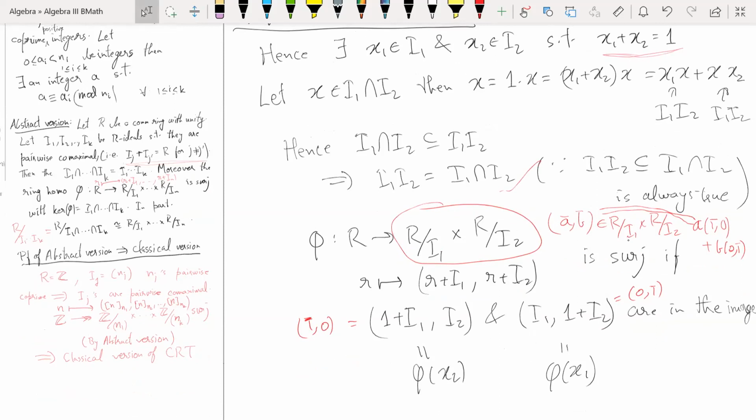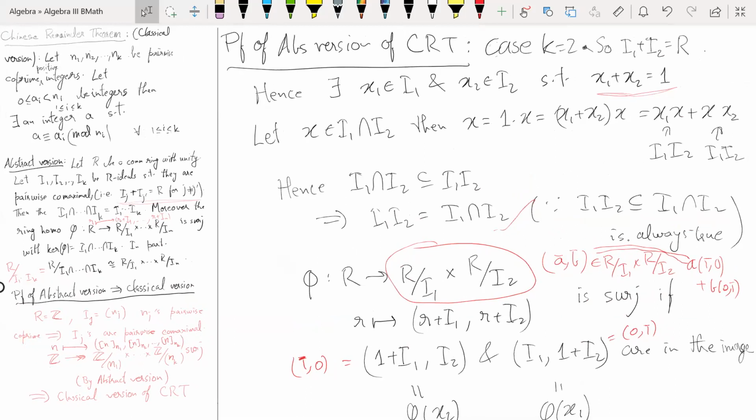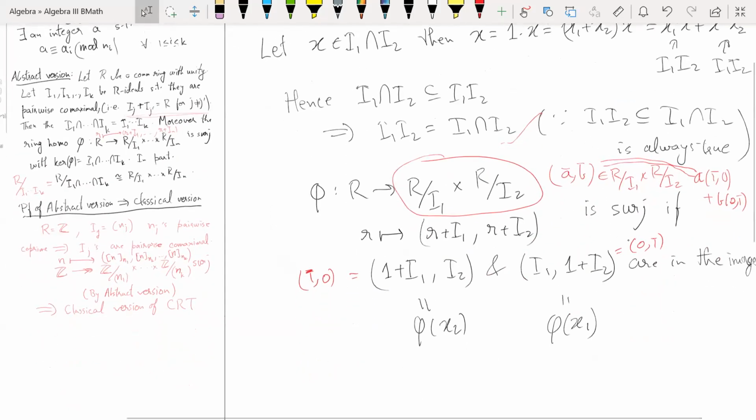So we only have to show two elements are in the image to prove surjectivity. Okay, so how do you show that 1 bar comma 0 is in the image? We have two elements in the ring R whose images could be these two. The two distinguished elements are x1 and x2. So you just look at x2. What is the image of x2?